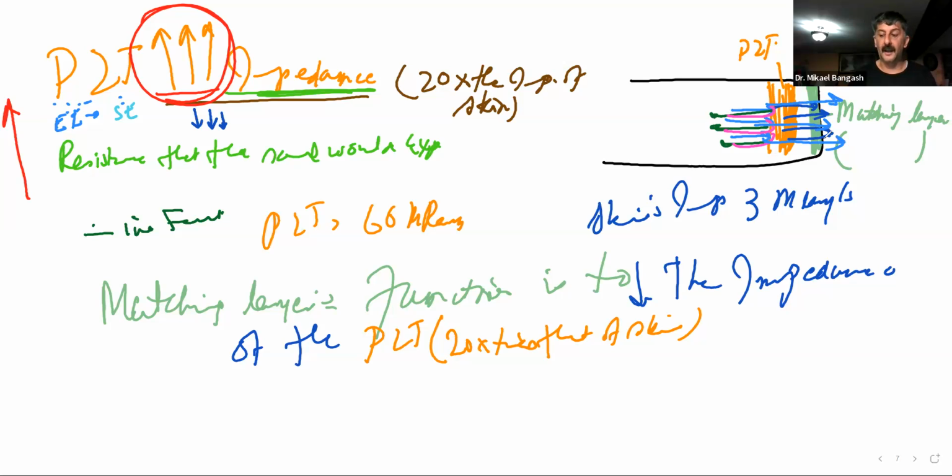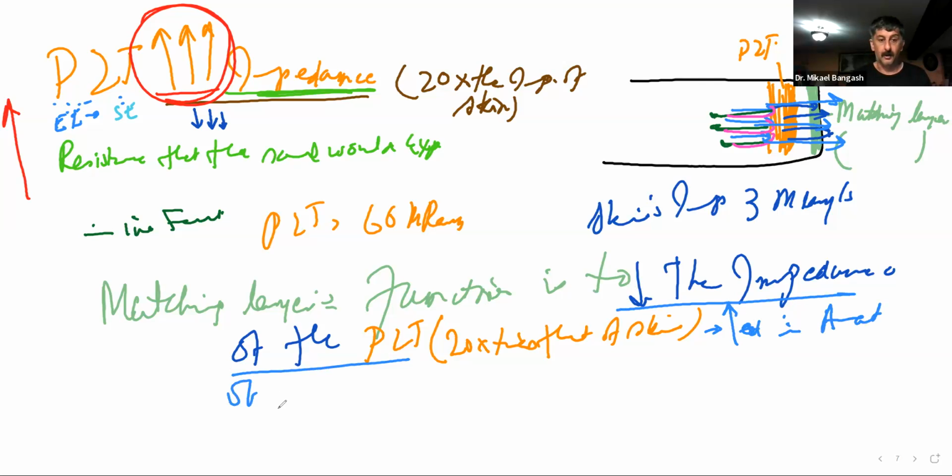Did you girls get that? So by reducing the impedance of the PZT, there's going to be an increase in the amount of energy that will be transmitted.